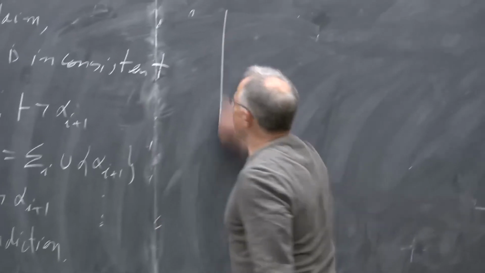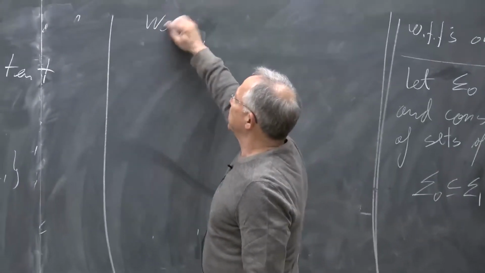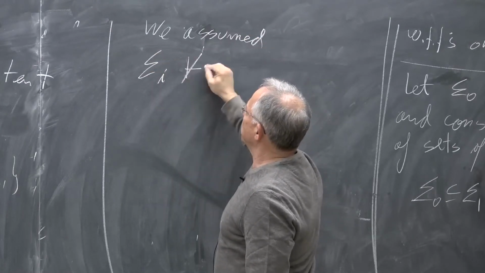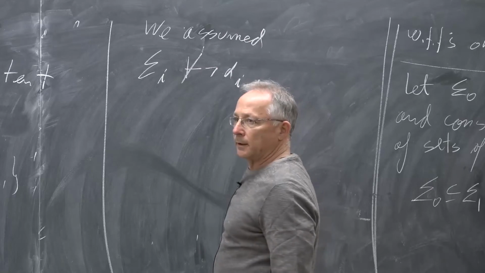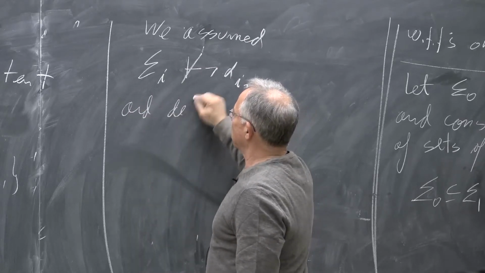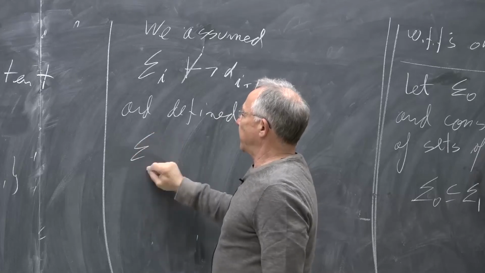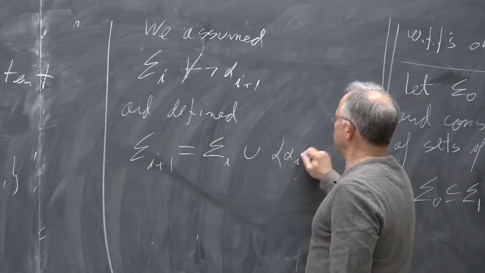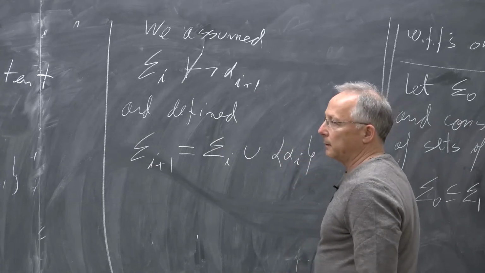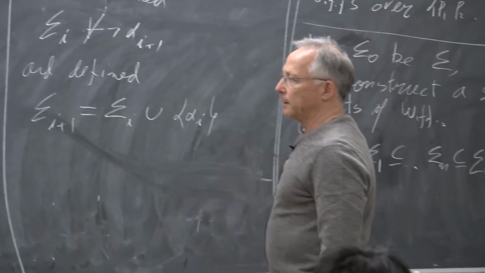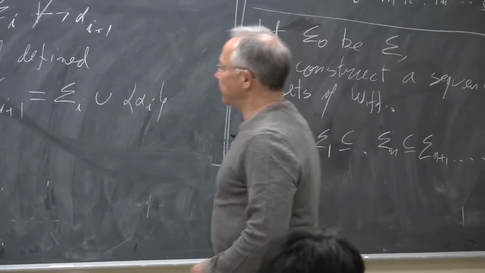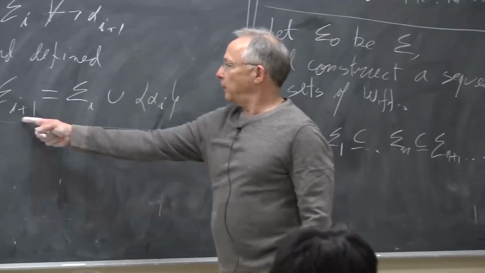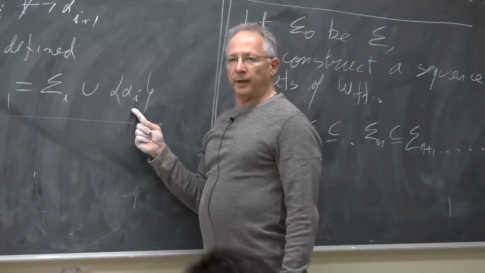So the case that we were handling was that we assumed sigma I could not prove not alpha I plus 1, and defined sigma I plus 1 in this case to be sigma I union alpha I. And the claim was that this guy is consistent. So we said if it is not consistent, then this guy can prove not alpha I.